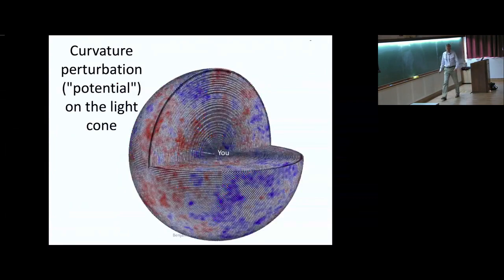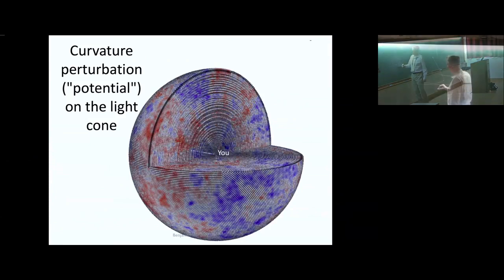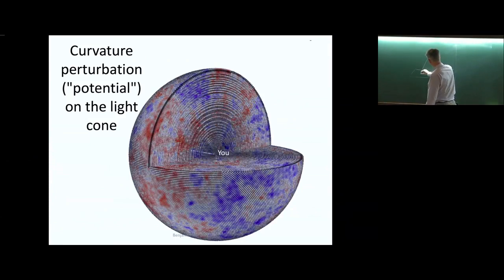So let me put this in context. If we have some mechanism that sets up metric perturbations in the early universe, then I can make a 3D map of these metric perturbations. And so if I make a space-time cartoon, if we're here and we look, this is our past, and then there's an equal time surface that our past light cone intersects.